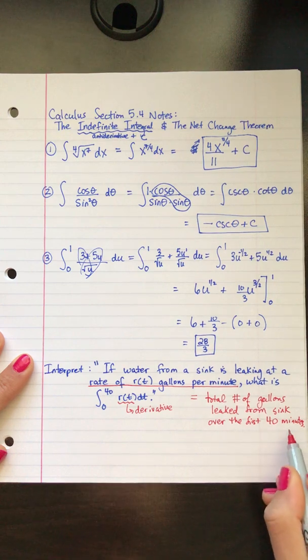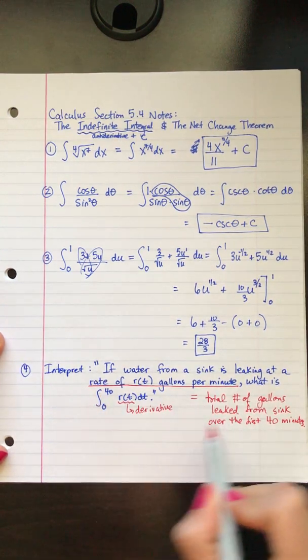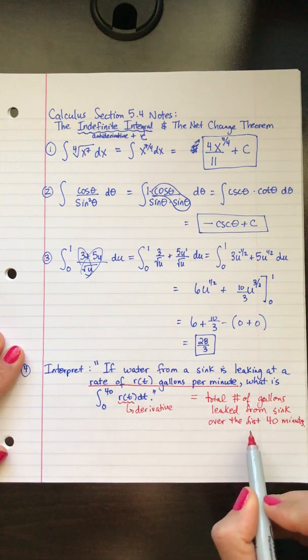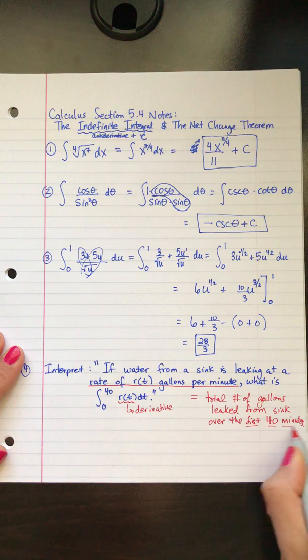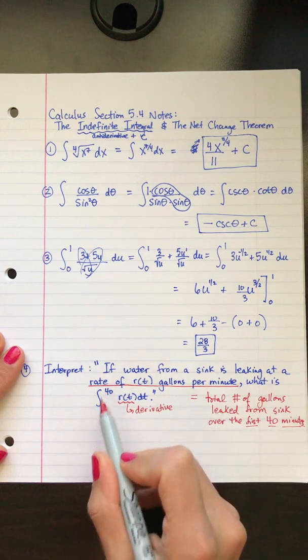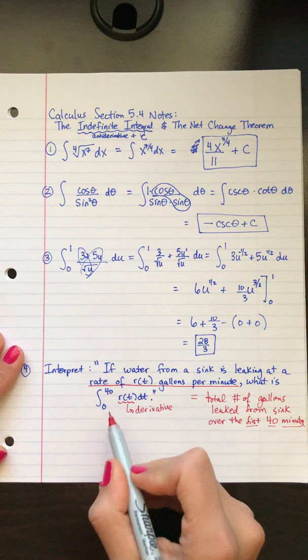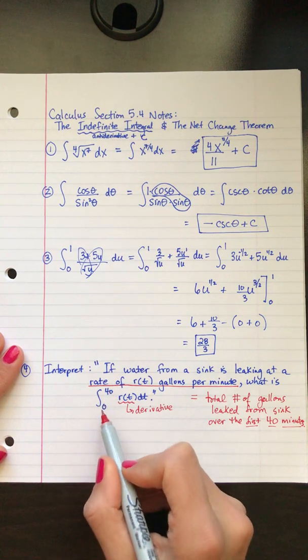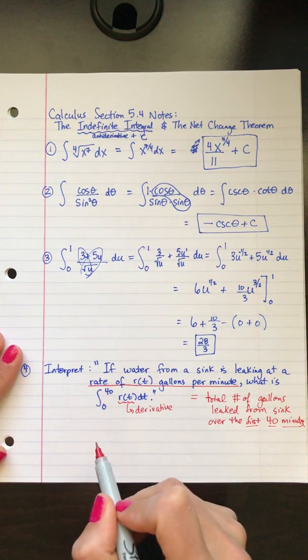So when 40 minutes have passed, this integral represents the total number of gallons leaked. It's important for you to say the first 40 minutes because it says 0 to 40. Imagine if it said 60 to 100. Yeah, that's 40 minutes, 60 minutes to 100 minutes, but it's not the first 40 minutes.